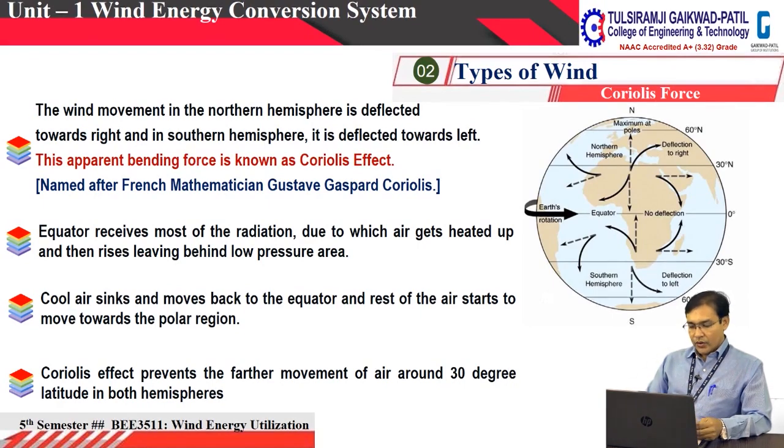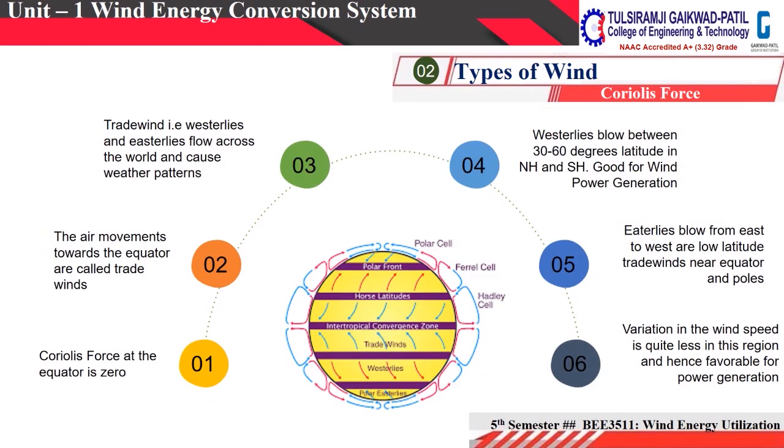The primary cause of air motion, as we have seen, is the uneven heating of the Earth's surface by solar radiation. These winds, the westerlies and the easterlies, flow around the world and cause many of the Earth's weather patterns.